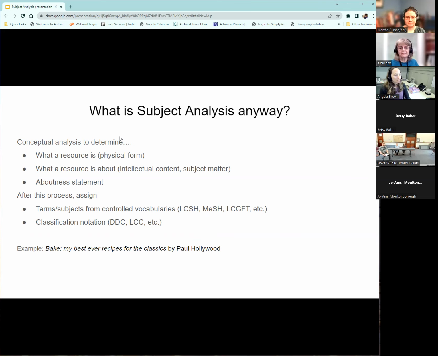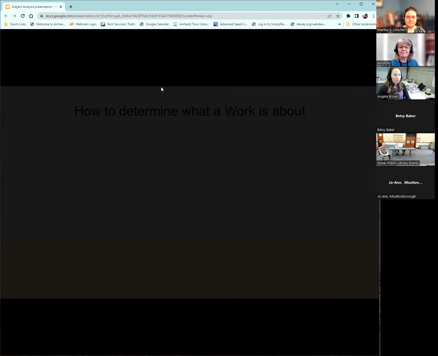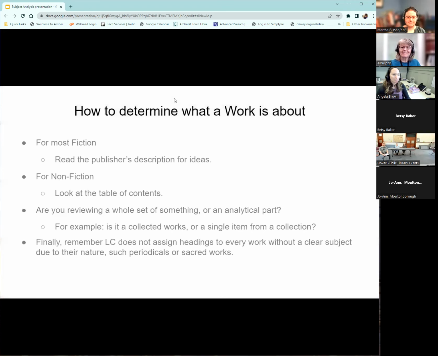From this, we can assign a Dewey Decimal number, in this case 641.815, which is baked goods. And then Library of Congress subject headings: baking, bread, pizza, and Library of Congress genre form terms: cookbooks, recipes. I'll hand it over to Anne to go into a little more detail about this.